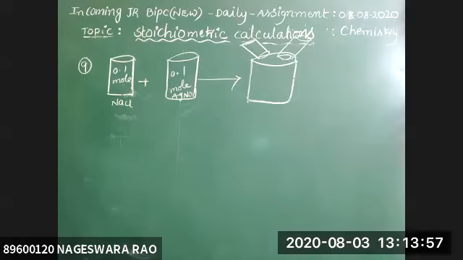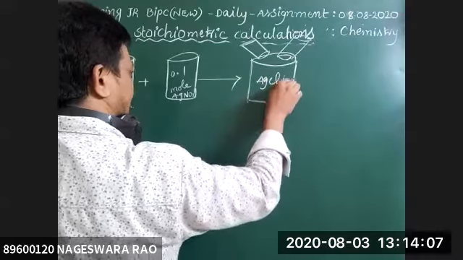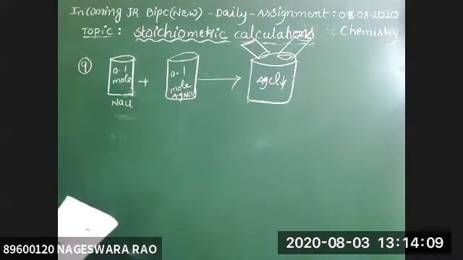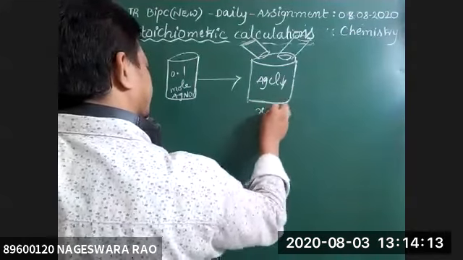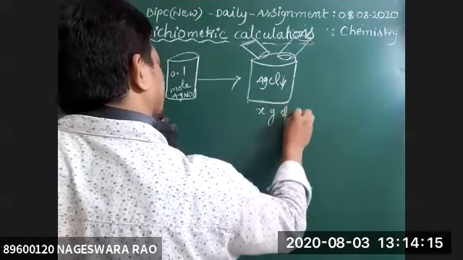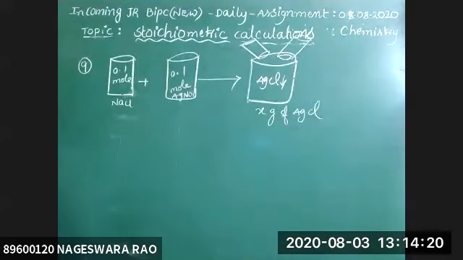NaCl 0.1 mole and AgNO3 0.1 mole react to form AgCl precipitate. X grams of AgCl is formed in this reaction.